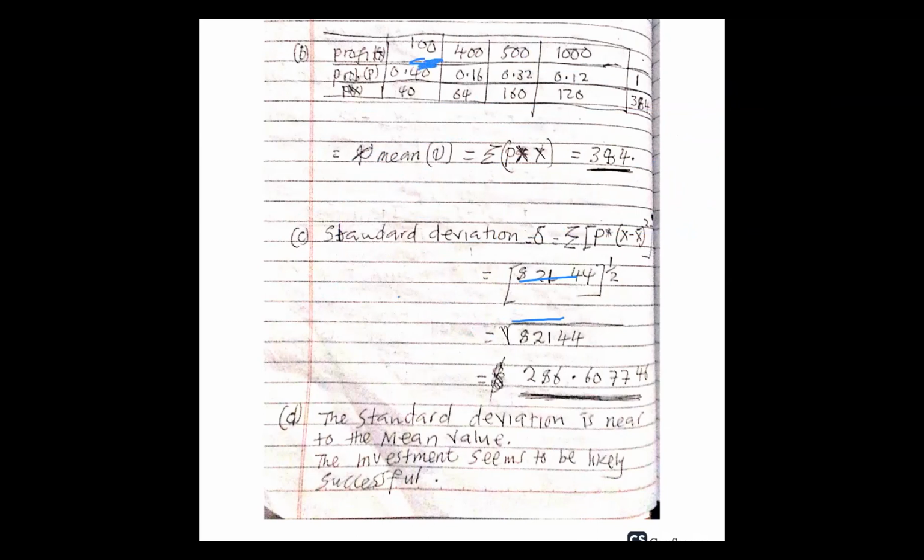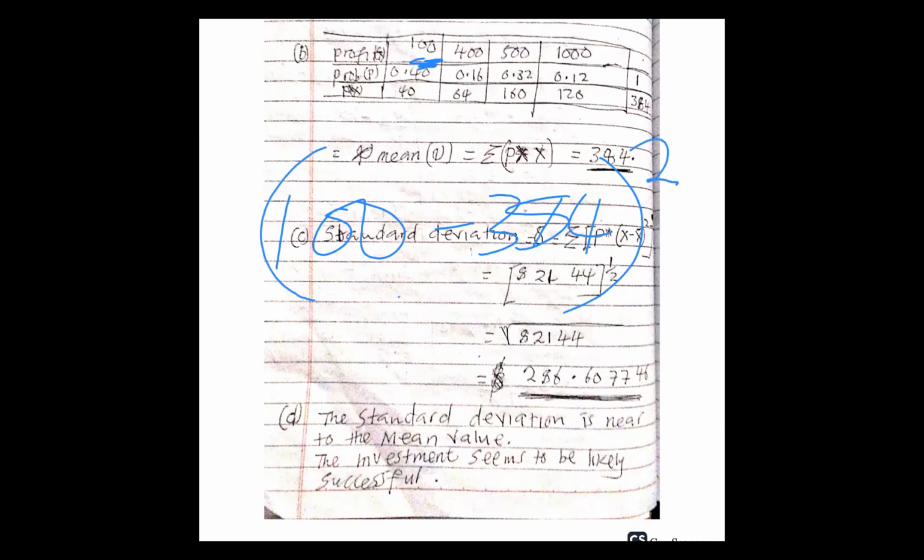Let's say you have 0 or 100 minus 384, then you do that and you square.